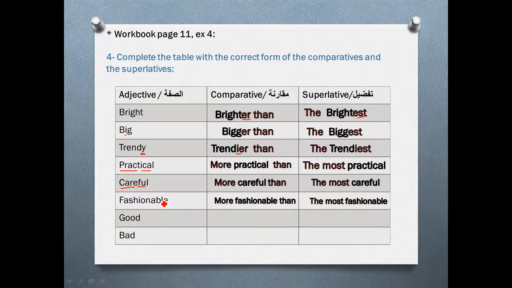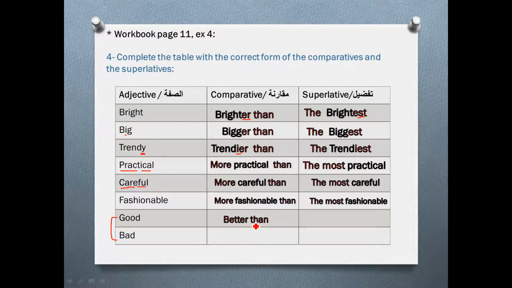Now the words good and bad actually they are irregular. هي صفات غير منتظمة أي بمعنى لا تنطبق عليها قاعدة ال ER or the EST. لديها يعني شكل مختلف تماما. Now the word good بمعنى جيد, we can't say gooder or more good. Actually we have to change the whole form. نغير الكلمة تماما فتصبح better than. Okay, better than أفضل أو أحسن من.